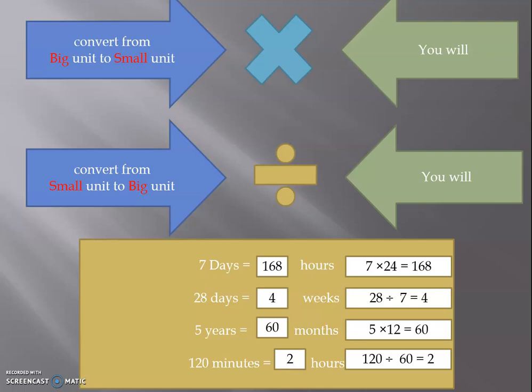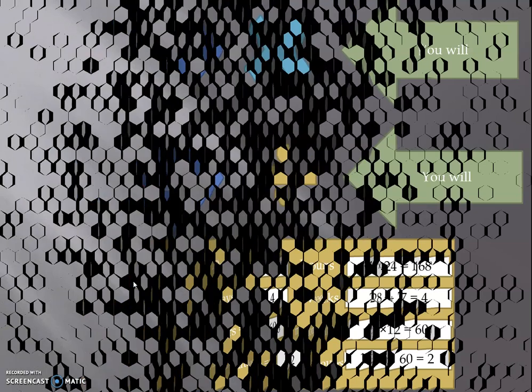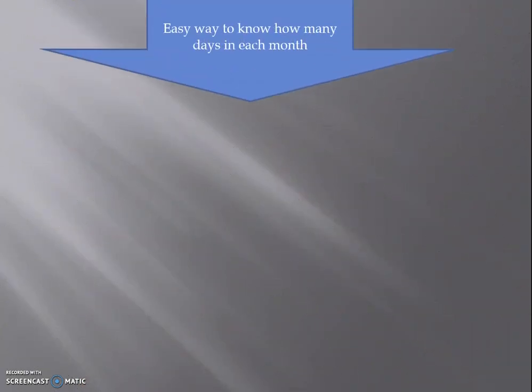Okay? So we finished revising. First of all, I need to tell you an easy way to know how many days are in each month. You know how many months are in a year? 12 months. Some of those months are made of 30 days, and some of them are made of 31 days.